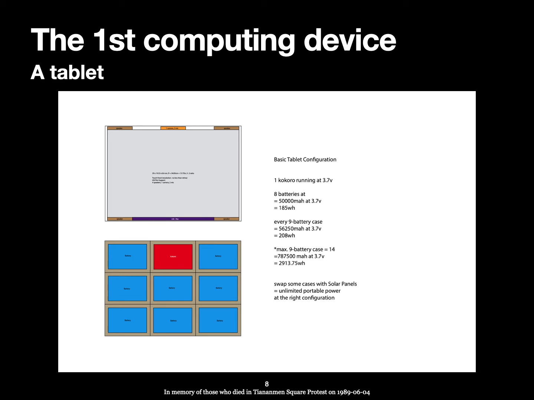So that would give it another 9, and that's another drop to 56,250 milliamp. Potentially, you can also swap some cases with solar panels. So while you're on the road, this would almost give you unlimited power.